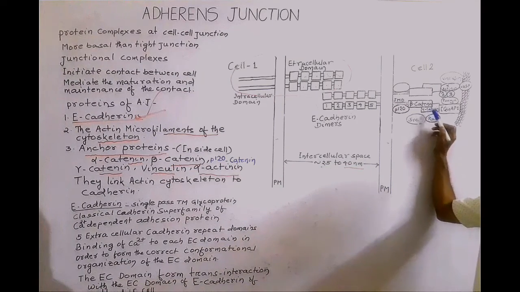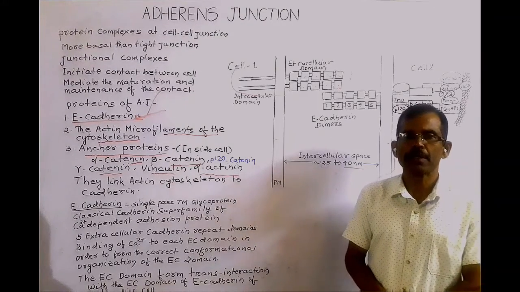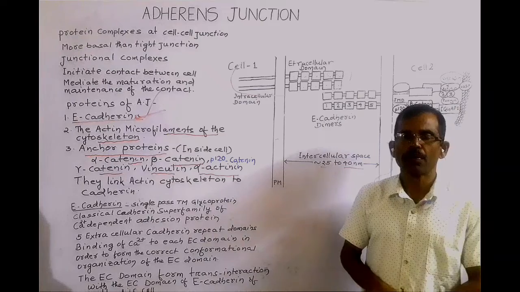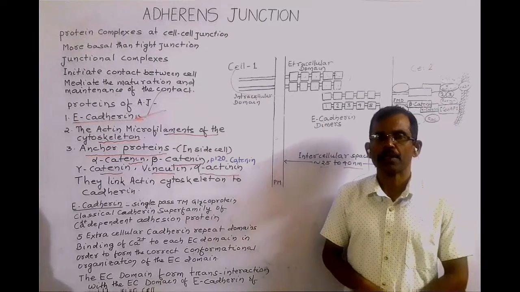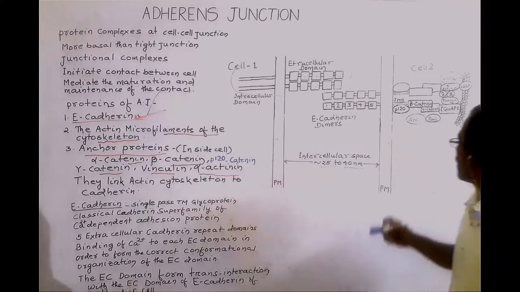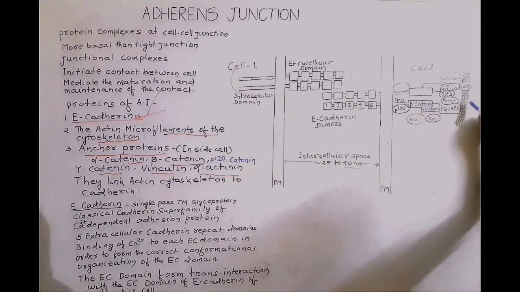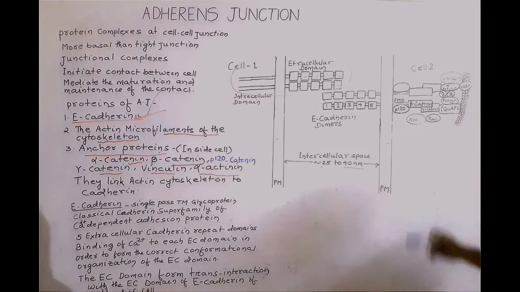Alpha catenin is an F-actin binding protein and a homologue of vinculin. This protein forms an essential link between cadherin, beta catenin and the underlying cytoskeleton.